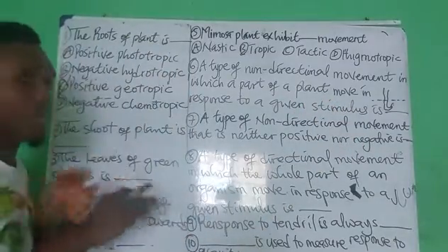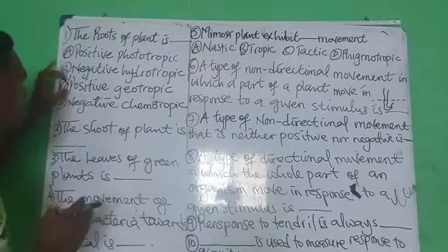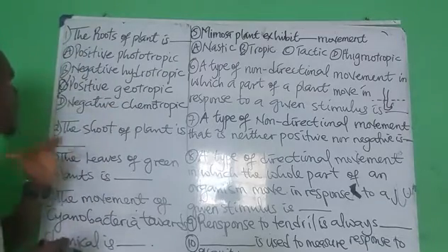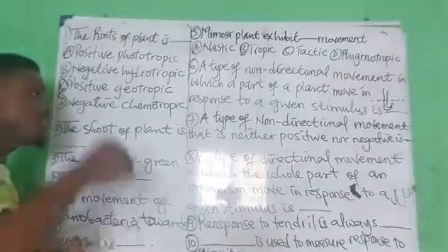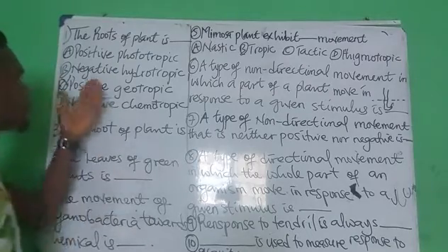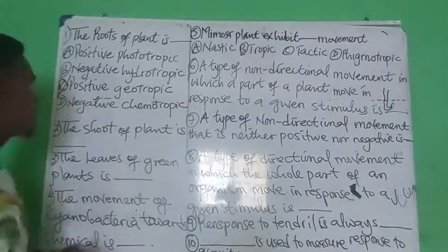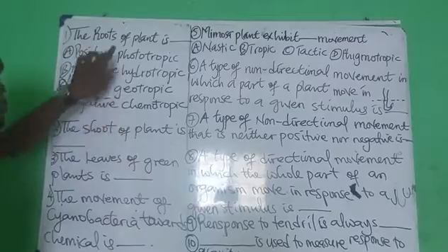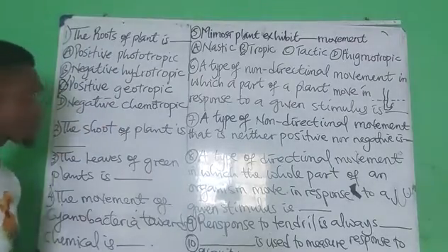But without a diagram, always answer positive geotropic. The root of plants is never positive phototropic, because it bends away from sunlight. That is negative phototropic, but we have positive phototropic here. Therefore, these are odd. C becomes the right answer.